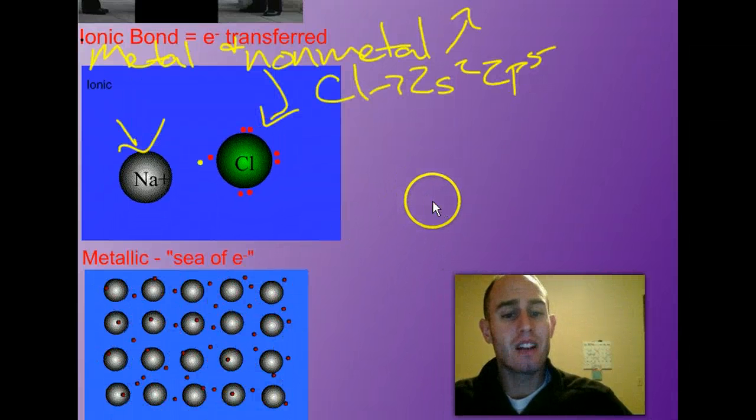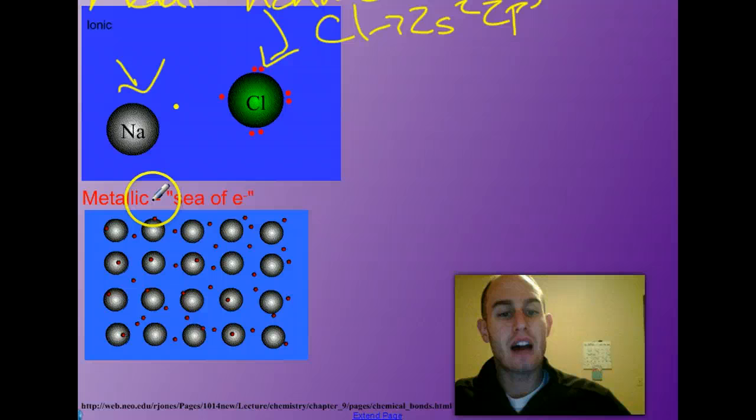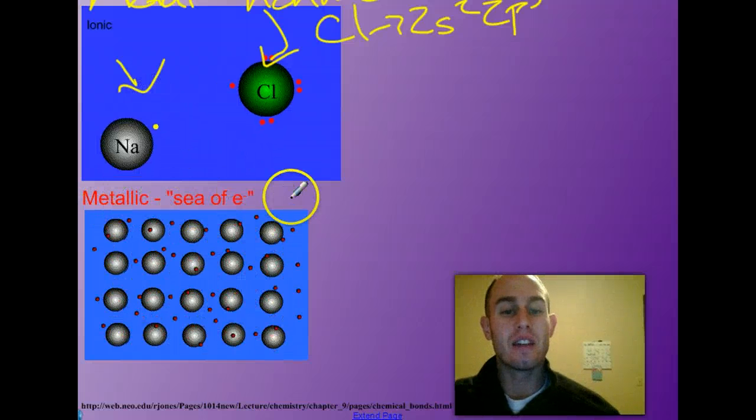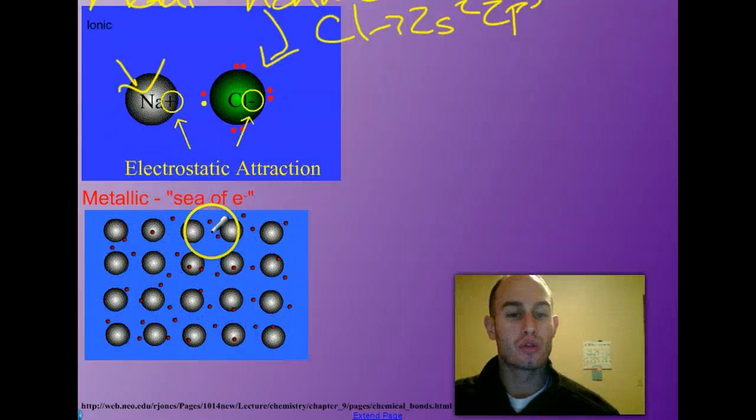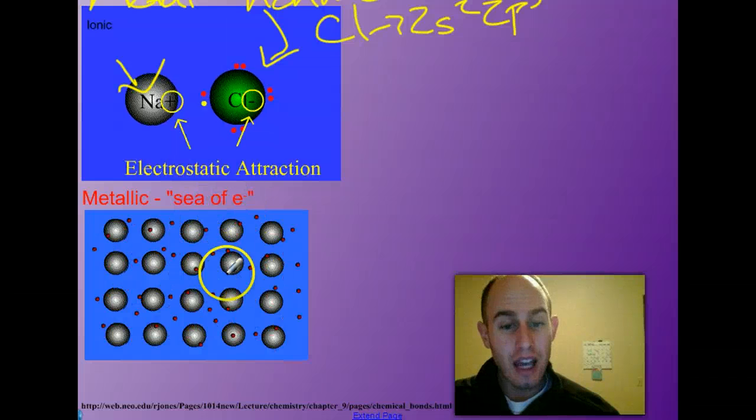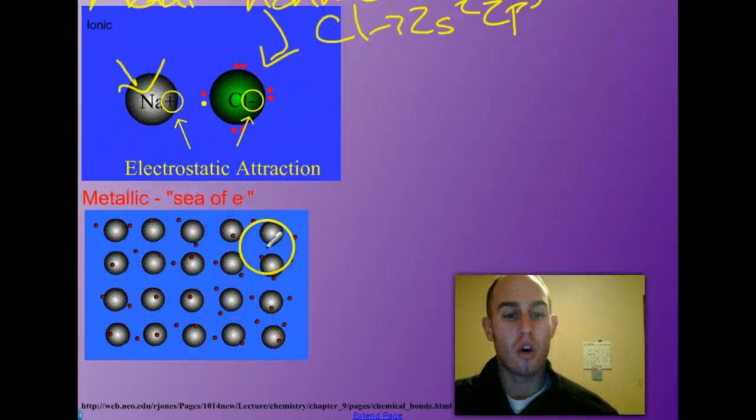As far as metallic bonds go, here we can see metallic bonds form a sea of electrons. Each one of these atoms has multiple electrons, and these electrons are easily able to flow in and amongst all of these different metals.